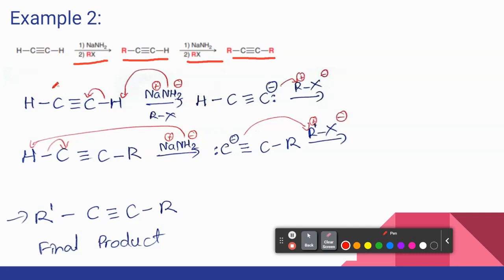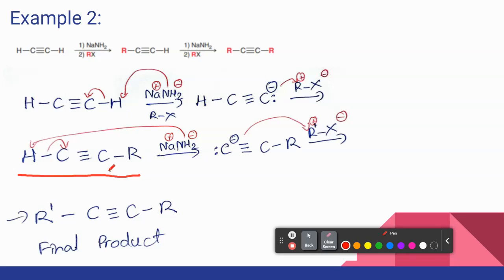So look at the mechanism first. Like before, the strong base is going to attack the proton, and we get this alkynide ion right here, and this ion is going to attack the alkyl group from the alkyl halide, and we'll get the terminal alkyne.